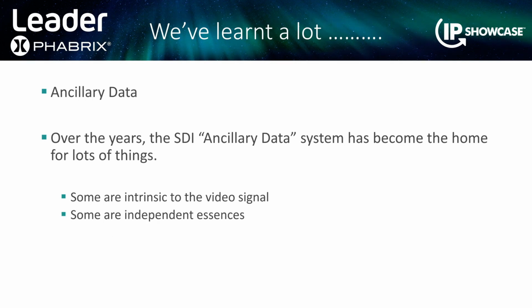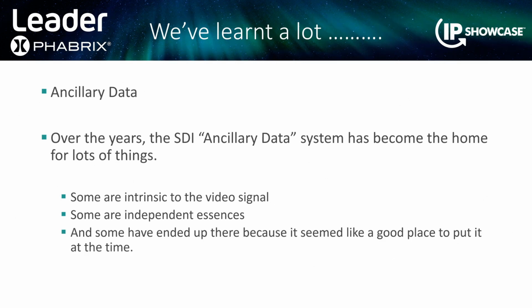Some are independent essences that tell us about the video: color imagery, HDR transfer characteristic. And there are some that have been put in there because it was a good place to put it and we can't really remember why we did it, but it's there. Which now means as we start working with these IP systems, we've got to find a way of identifying them and understanding how we apply them to a 2110 suite of signals.